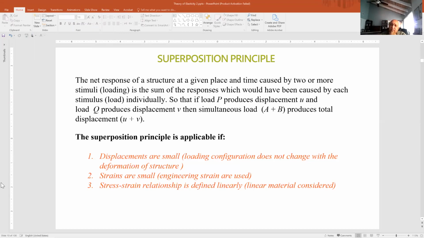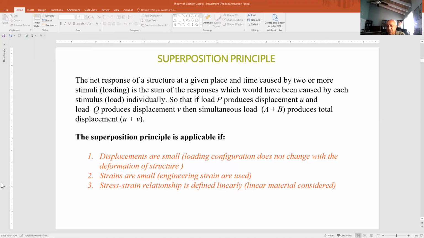When can we apply the rule of superposition? The superposition rule can only be applied if all these three conditions indicated are satisfied. First, displacements are small. Loading configuration will not change after the deformation.